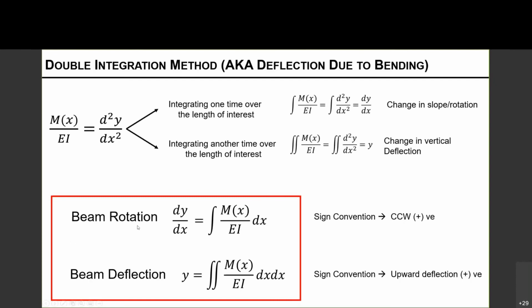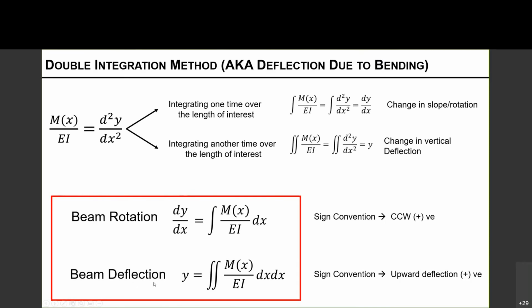The beam rotation equals dy over dx. Remember, this is a slope because it's easy that way. The slope is always related to the rotation. So the rotation of a beam is dy over dx, and that equals the first integral of Mx over EI dx. Mx, remember, is the bending moment variation along the beam.